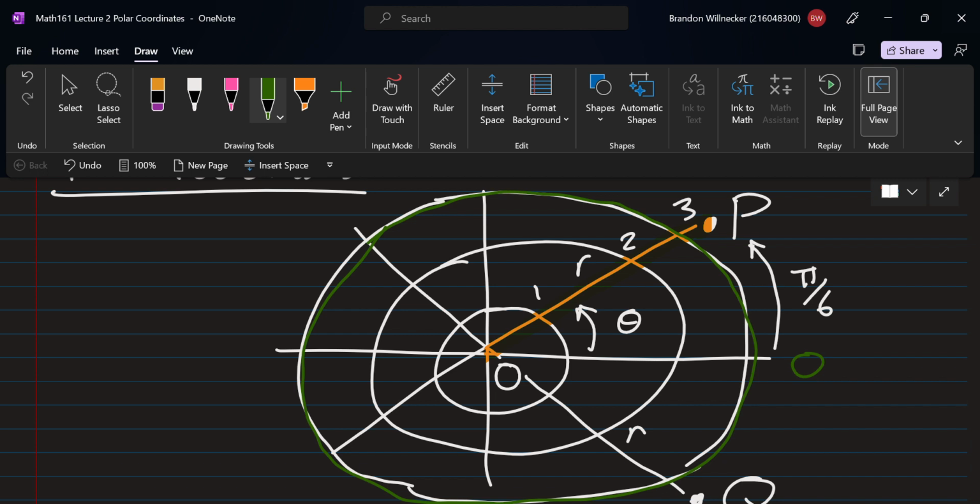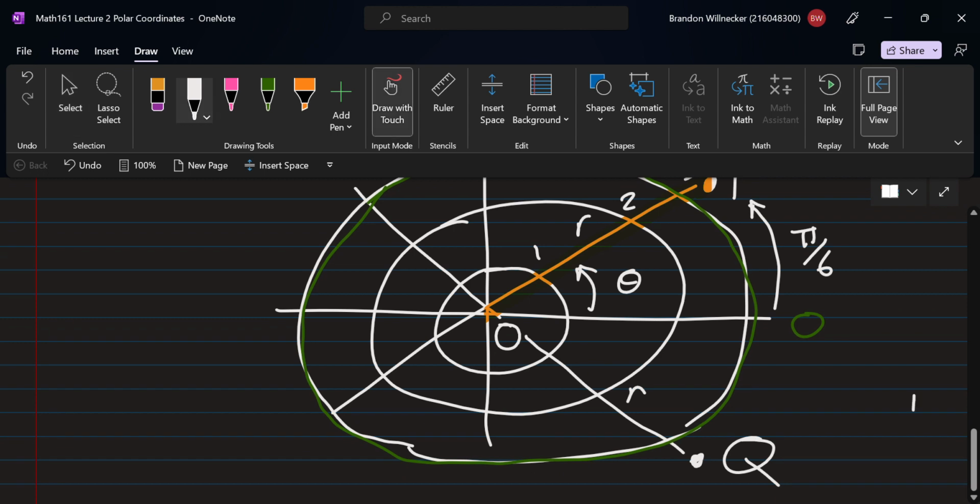The angle there is 0, and we go counterclockwise around, that's the convention. So point P is at pi over 6, then we go to pi over 2, pi, 3 pi over 2, and then back at 2 pi.